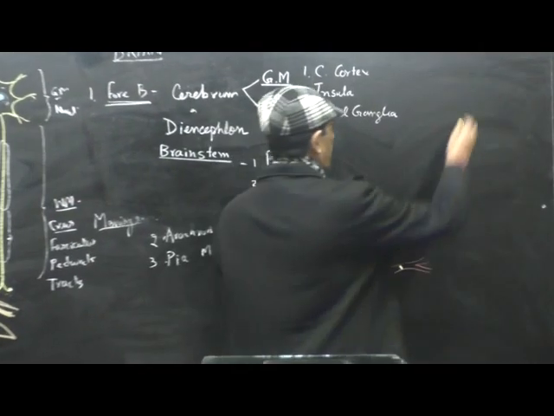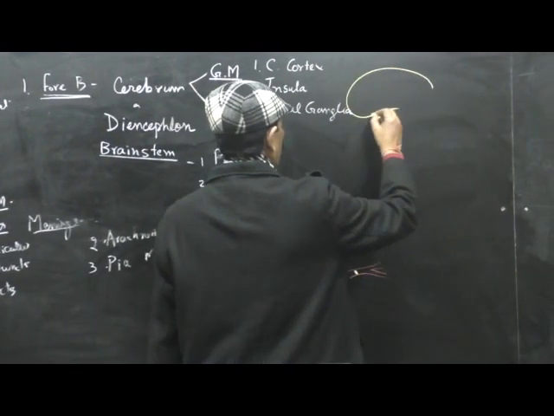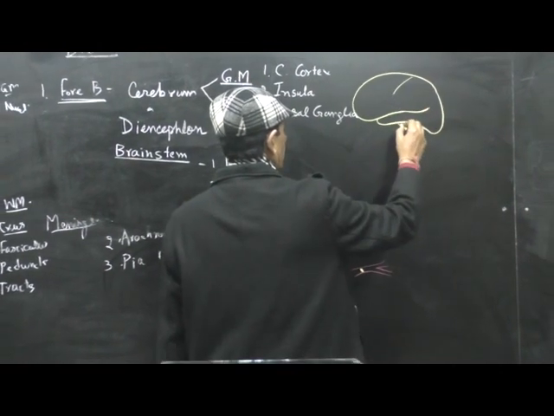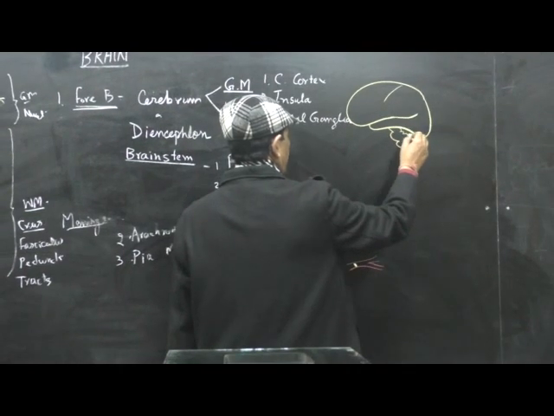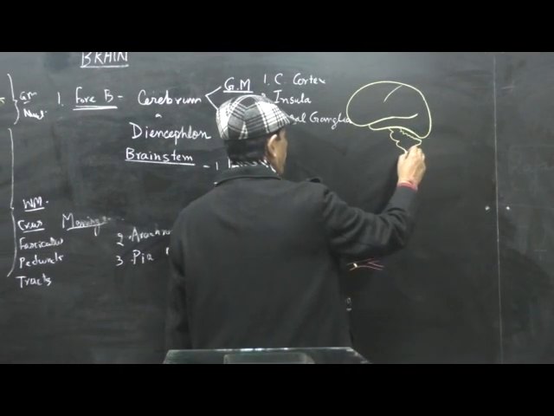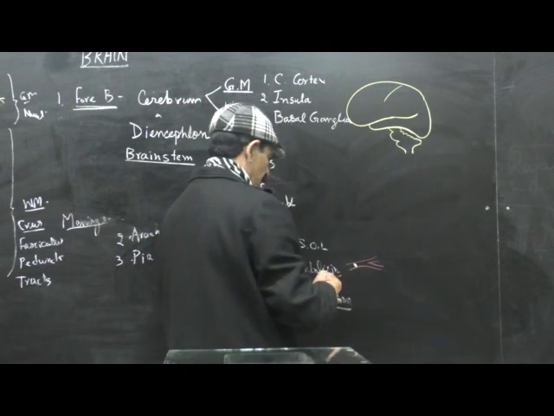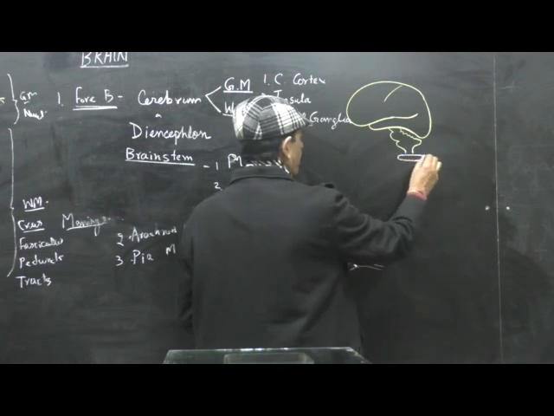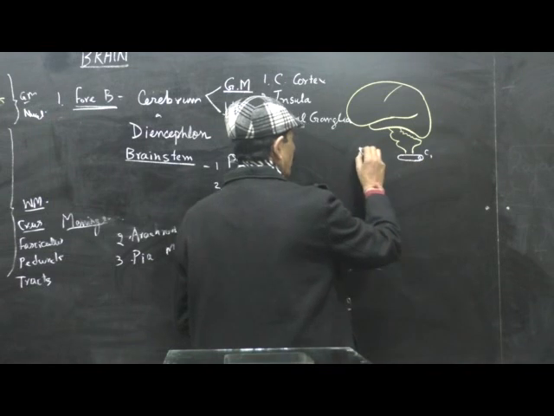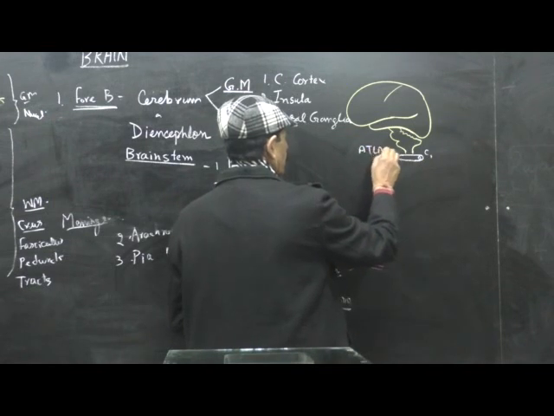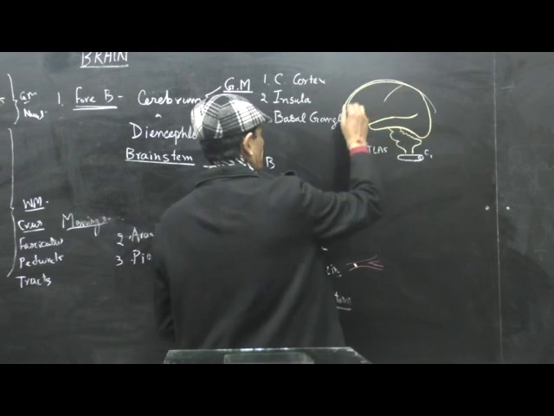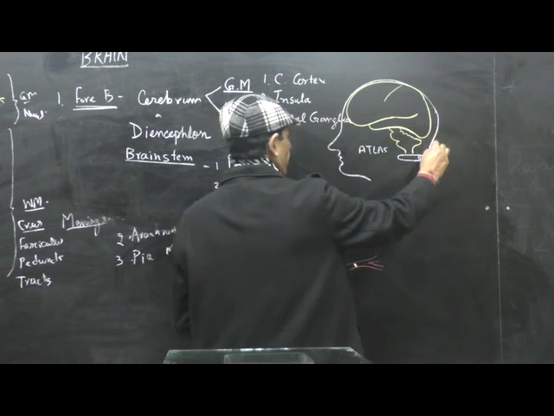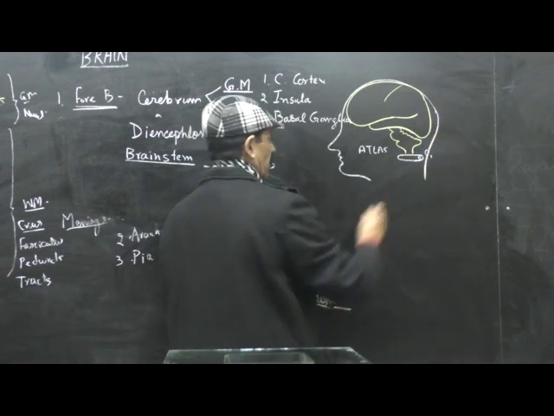As we know, the brain is continuous with the spinal cord, covered by the meninges, lying in the cranial cavity made by the skull bones, and the brain ends at the upper border of the atlas, that is C1.